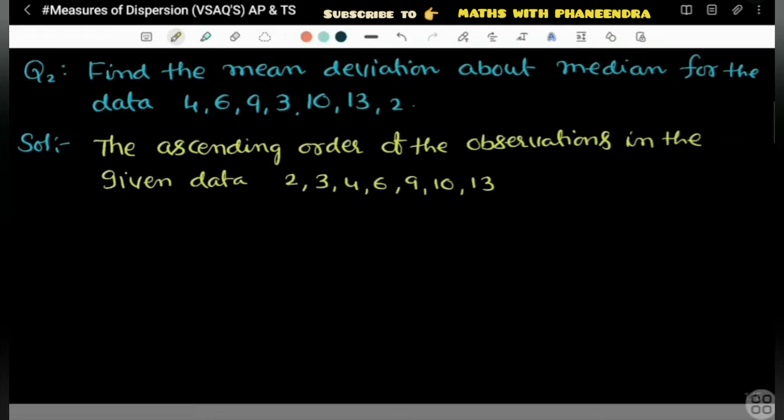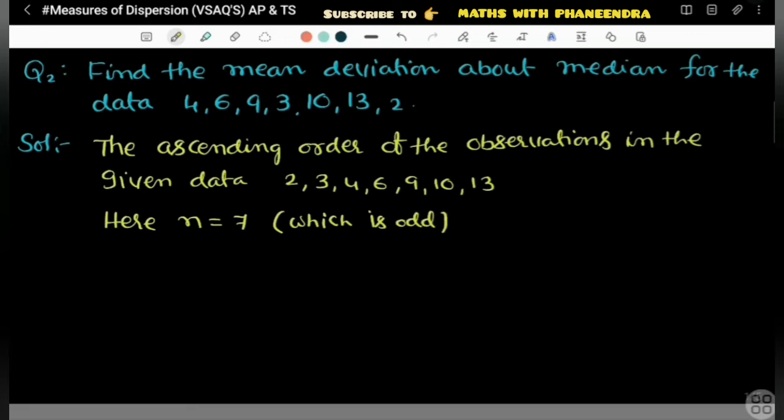How many observations are there? Here n is equal to 7. The number of observations is 7, which is an odd number.